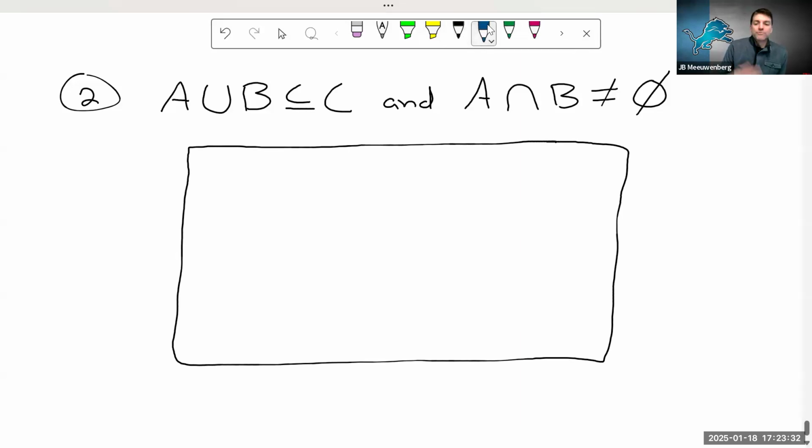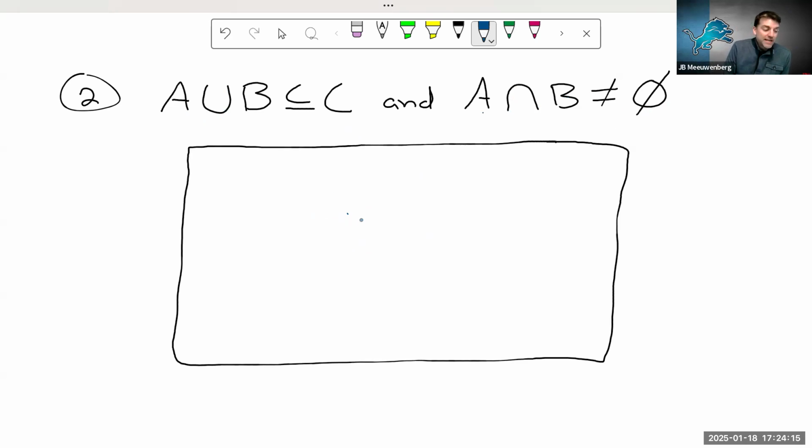Okay, so hopefully you've paused, you've tried this, come back, and let's find out. So this says A union B is a subset of C. So that means there's this set C, and A and B are inside set C. But there's a union going on of A and B. So maybe if we just start, we know that A and B are inside C, but before I even draw, it also says A intersect B is not equal to the empty set.